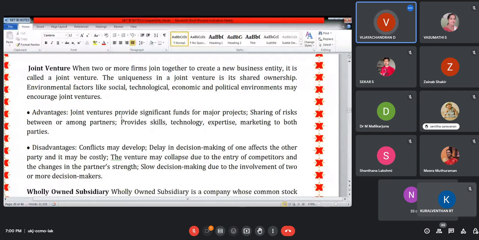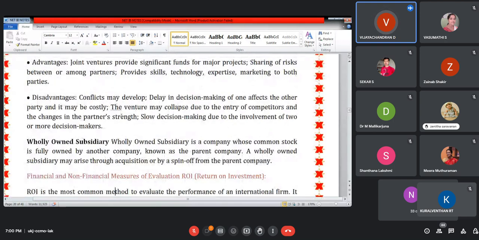One business will be separately operating in their country, another business will be separately operated in another country. If there is any delay in the decision making, that will be reflected in their business.